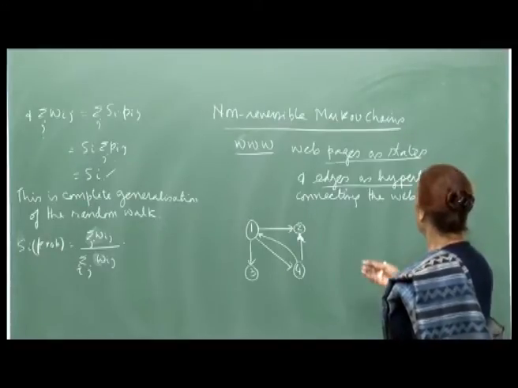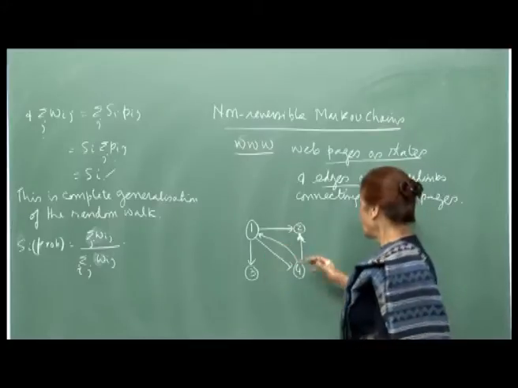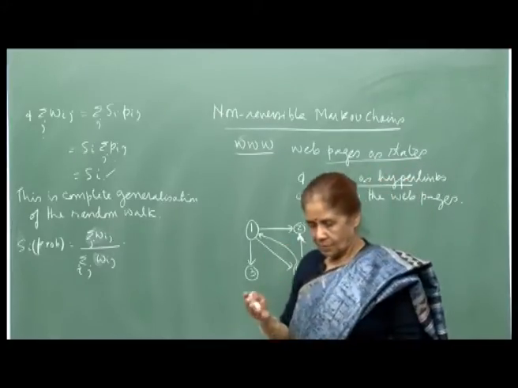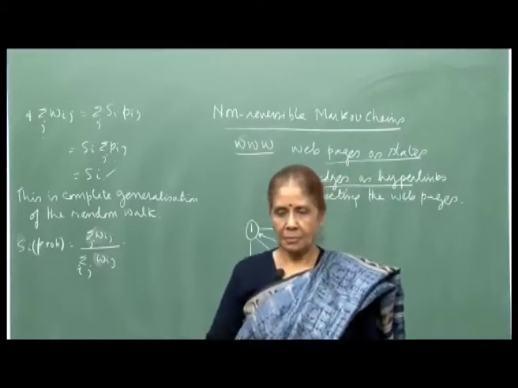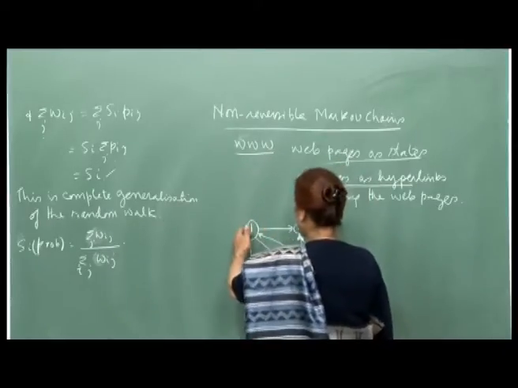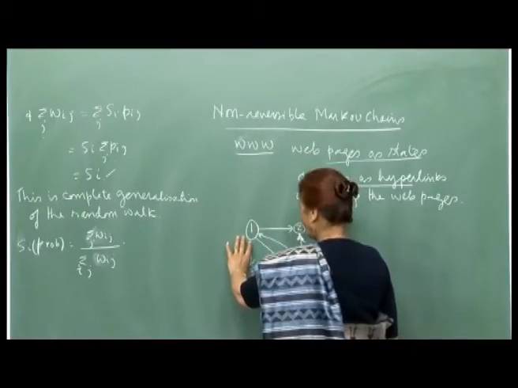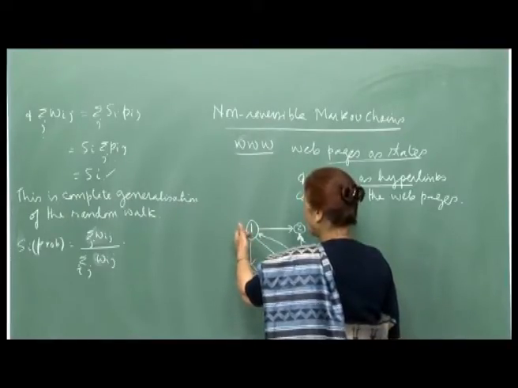So, for the example of web pages worldwide, searching on the web will be a Markov process, because the probability of where you want to go depends only on where you are, not on how you reached it.